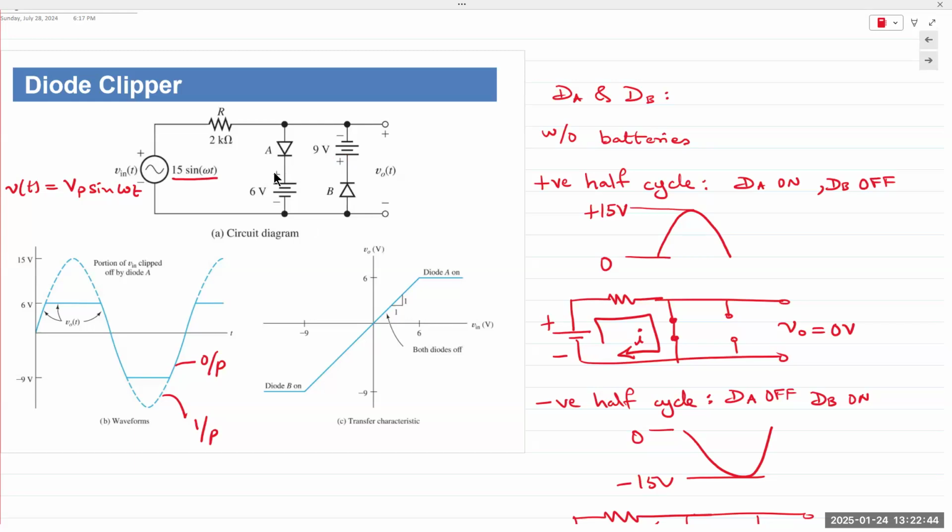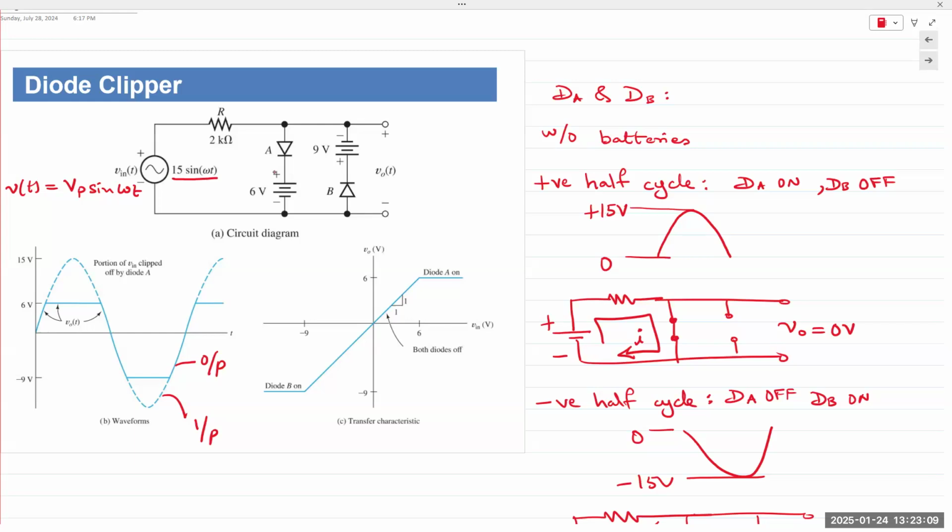Otherwise, it's off, or reverse biased. For diode DA, the cathode is held at plus 6, meaning the anode must rise above plus 6 volts. For diode DB, the cathode is held at plus 9, so the anode must go higher than plus 9 volts.